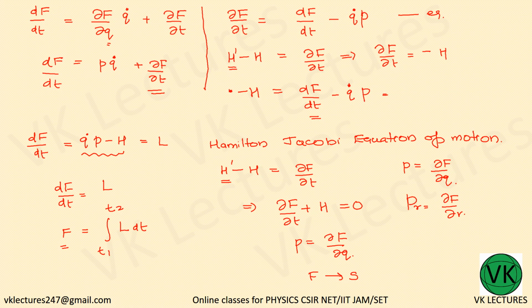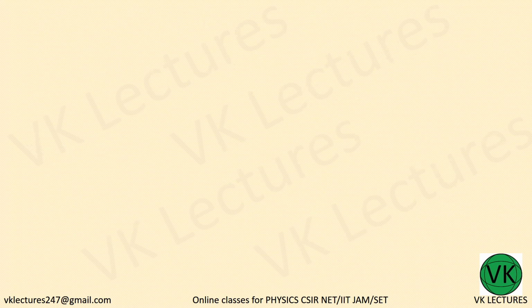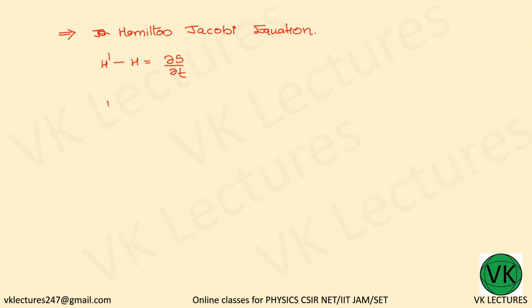So rewriting the entire formula in terms of s, we can have the Hamilton-Jacobi equation of motion as h dash minus h is equal to dou s by dou t, and h plus dou s by dou t equal to 0.